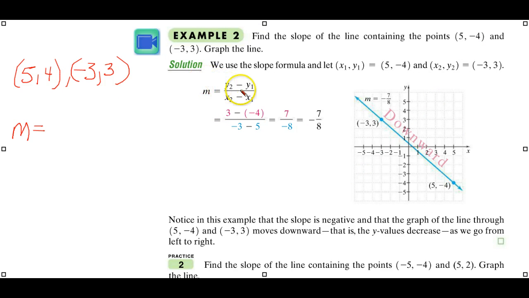In this case, again, we're using the formula. We'll designate this as the sub 1s. This is the sub 2s. So y sub 2 minus y sub 1, x sub 2 minus x sub 1.